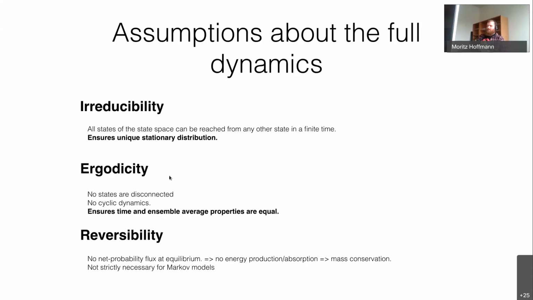And then we have the ergodicity. That means that the states are not disconnected and we don't have cyclic dynamics. And this is quite an important property because it ensures that time and ensemble properties are equal. So if you think about simulating a system, then you would run a molecular dynamics simulation maybe, or some other kind of simulation. And in principle, it is enough to run one trajectory and run it for a very long time.